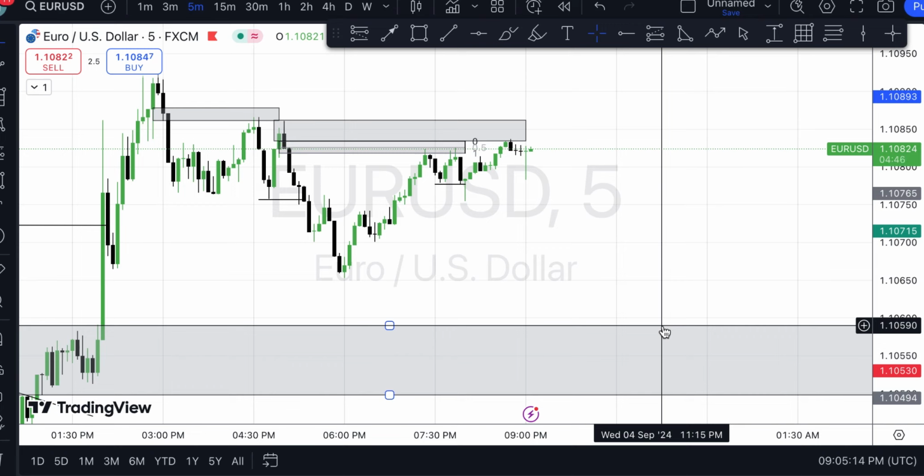The doji, hammer, shooting star, engulfing pattern, and morning star and evening star are common candlestick patterns. So use candlestick formation to identify trends, potential reversals, and entry and exit points.